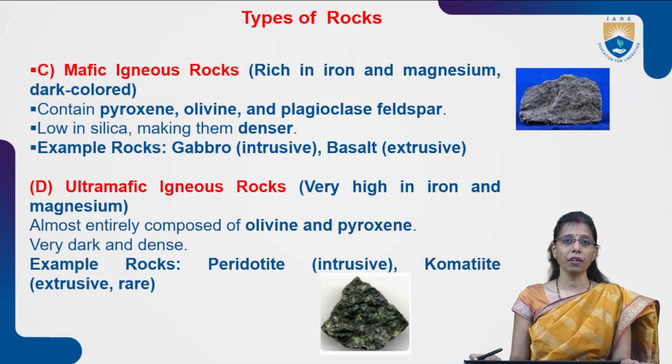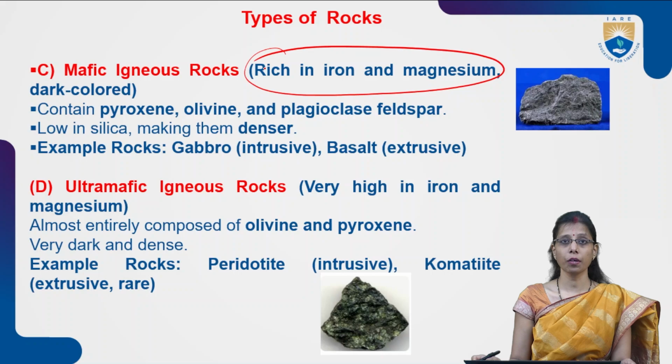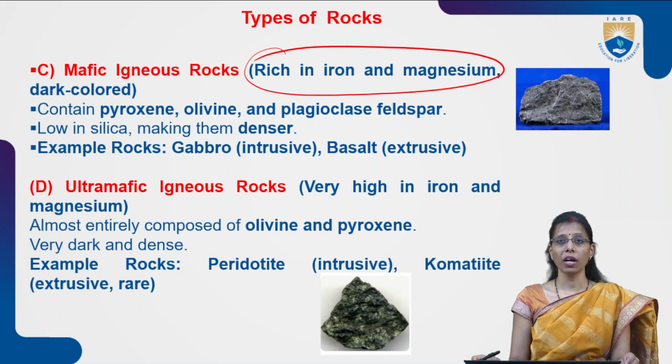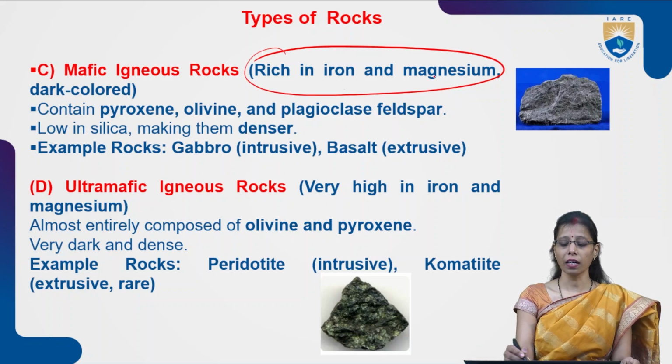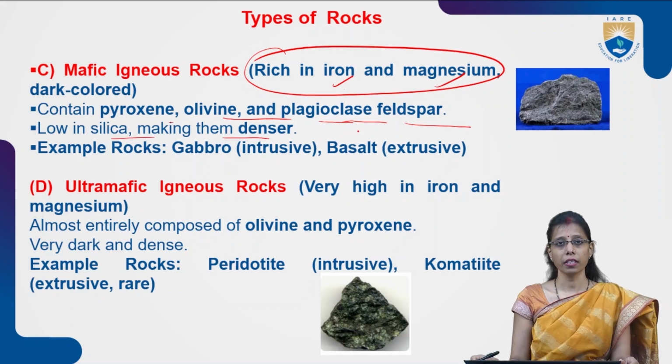And mafic igneous rocks. What are the mafic igneous rocks? Basically they are rich in iron and magnesium. When you say felsic, that means rich in silica. Mafic means rich in iron and magnesium. These two types of minerals are present in mafic igneous rocks, and they contain pyroxene, olivine and plagioclase feldspar, and are low in silica, making them denser material.